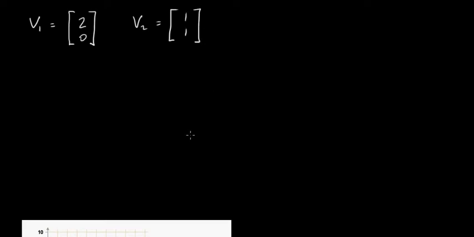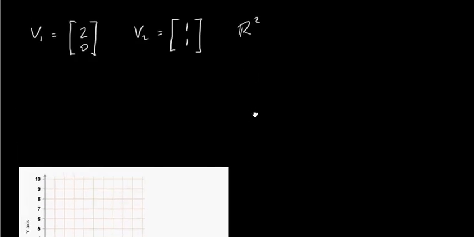We're going to do a linear combination of these two vectors. These are in R2 because you've got an x and a y. So on our Cartesian plane, on our coordinate diagram, we have (2, 0) and (1, 1).